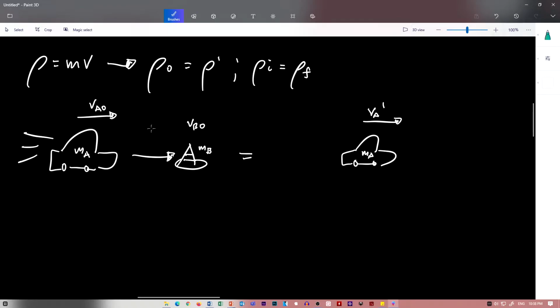And then as it still moves forward, your cone will be thrown as well, moving in this direction. That will be v sub b prime, and it still has a mass of m sub b.